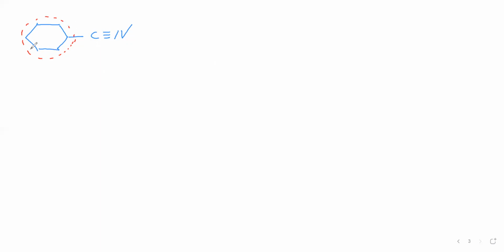Now what is the parent name? It is a cyclic compound, therefore cyclo; 6 carbons are present, therefore hex; the primary suffix is ane. Now we go for the secondary suffix. CN is the main functional group. The secondary suffix for cyanide is nitrile if the cyanide carbon is in the parent chain. Since this carbon is not in the parent chain, this carbon name we have to mention.